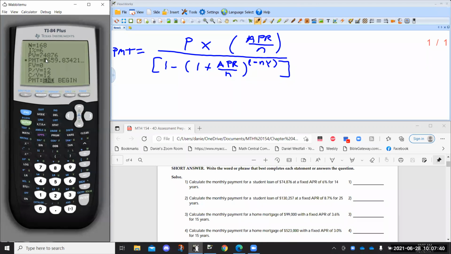See, this is negative because we're paying. We're losing the money when we make the payment against the debt. So that is $659.83.